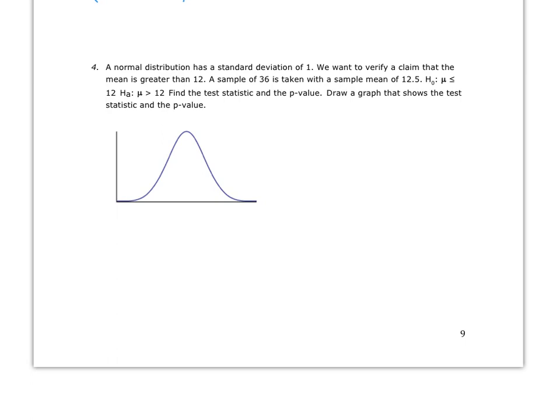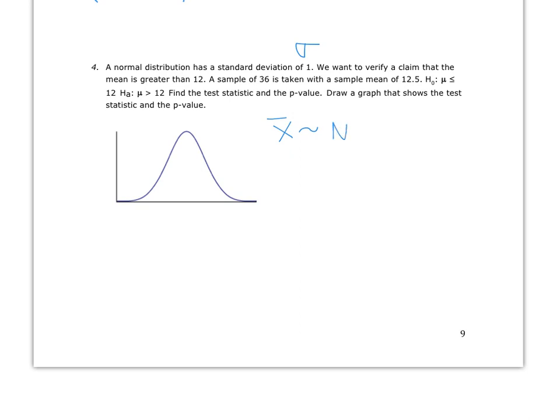Okay, so we also have to determine what distribution we're going to use. It's about a mean, so it's either going to be t or z, but we're given a population standard deviation of 1, and we also have a sample size greater than 30.